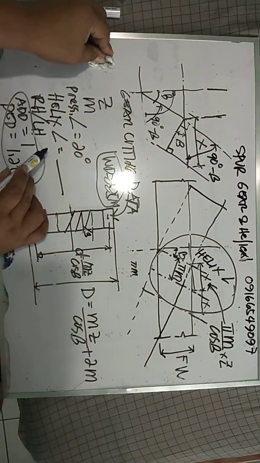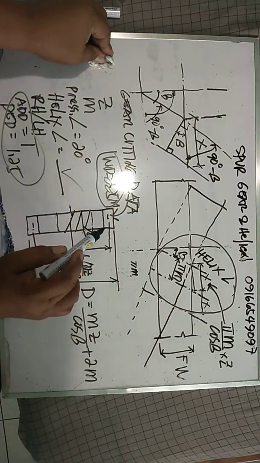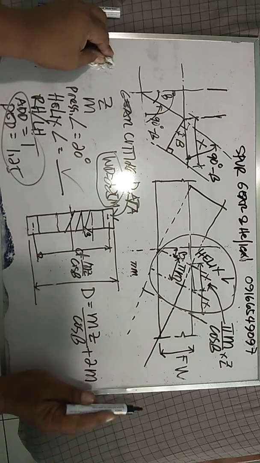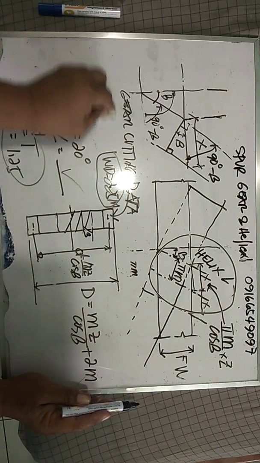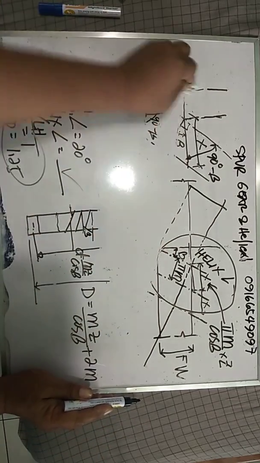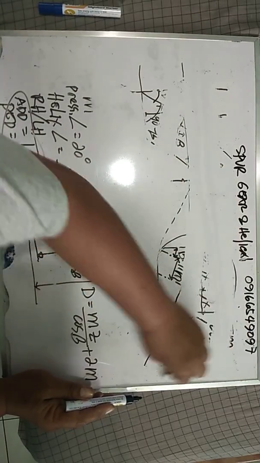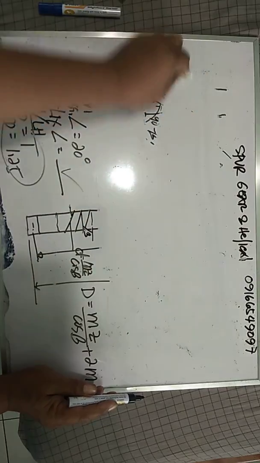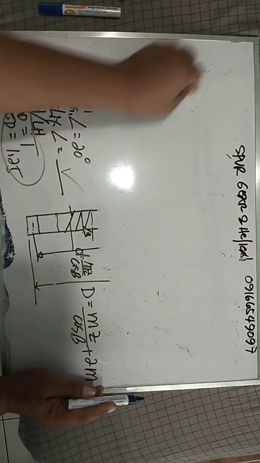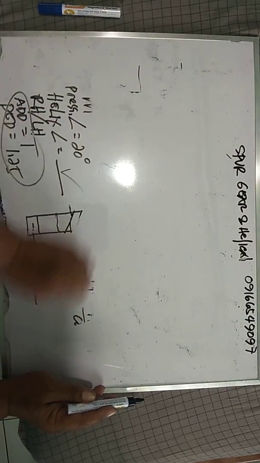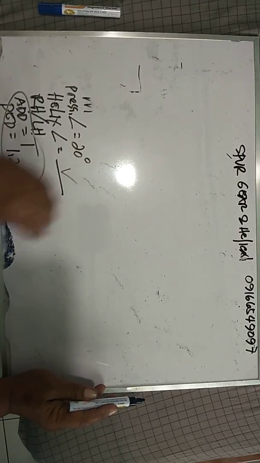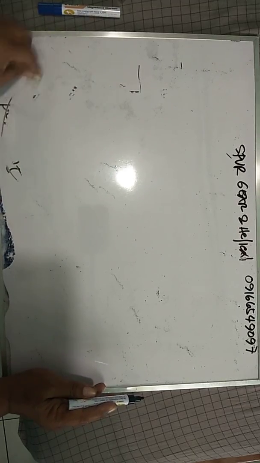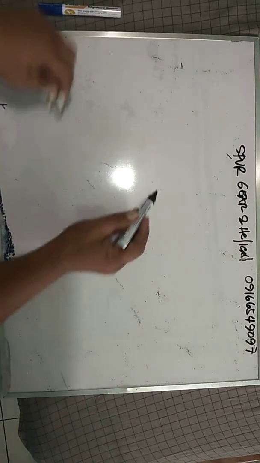How about the helix angle beta? Okay, now we discuss it. So, in helical gear, you must have a helix angle beta.